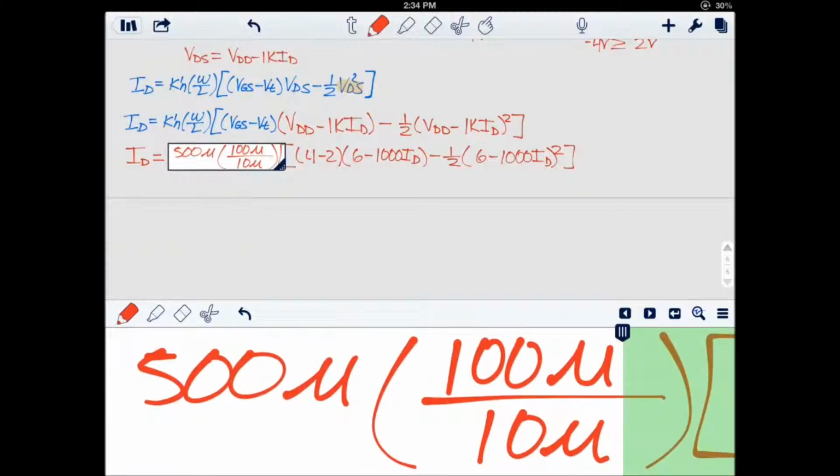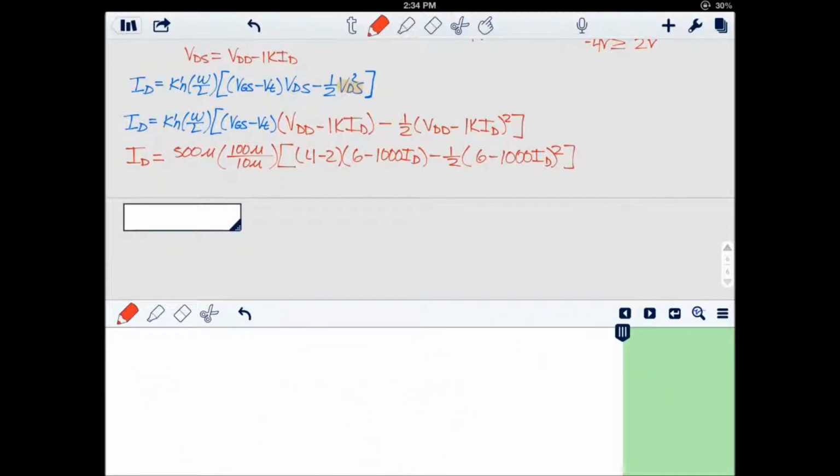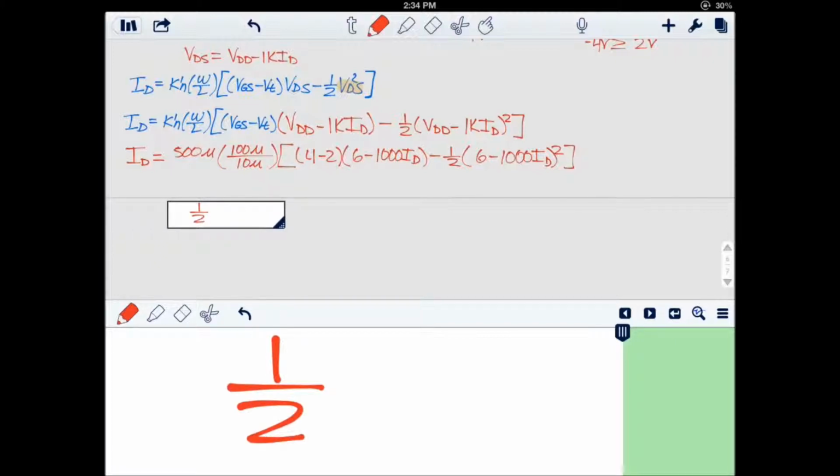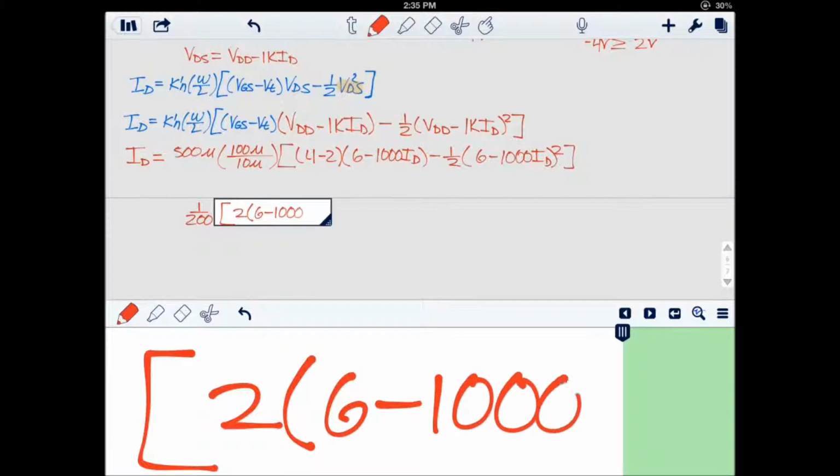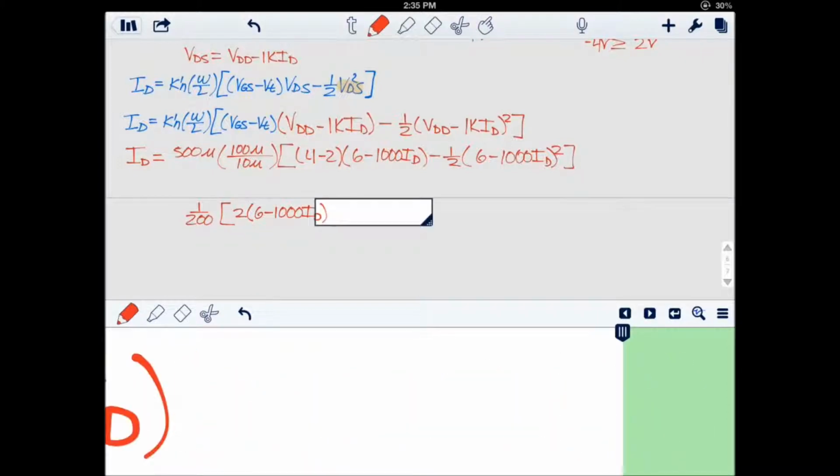We could solve this right here, and we have 2 times 6 minus 1,000 ID, minus 1/2.